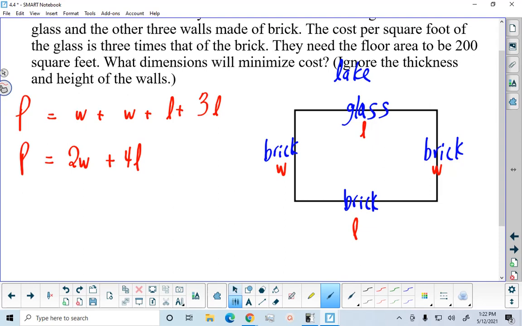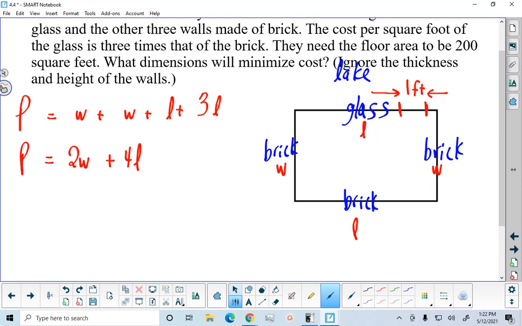But if you truly want an equation that takes cost into account, you would have to know, I'm just going to say that this is 1 foot. Are we in feet in this question? Yes, this is 1 foot. You would have to know the cost for 1 foot of wall. But let's say the cost for every foot of wall was, I'm going to say $40.